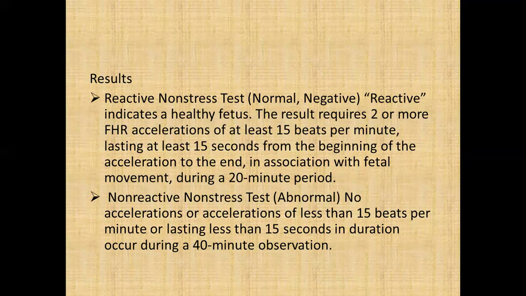A healthy fetus means that during fetal movement there is an increase in fetal heart rate, or the result requires two or more fetal heart rate accelerations. Acceleration means an increase in fetal heart rate: an increase of at least 15 beats per minute, lasting at least 15 seconds from the beginning of the acceleration to the end, during fetal movement within that 20-minute period.